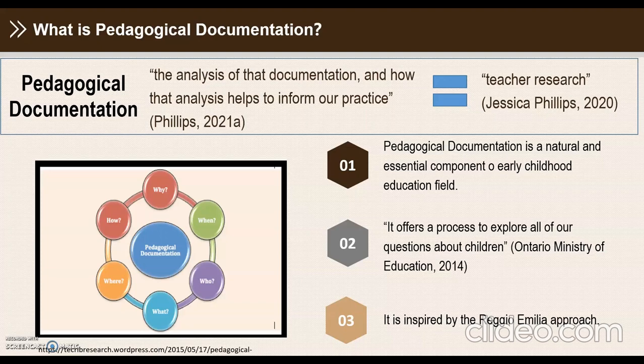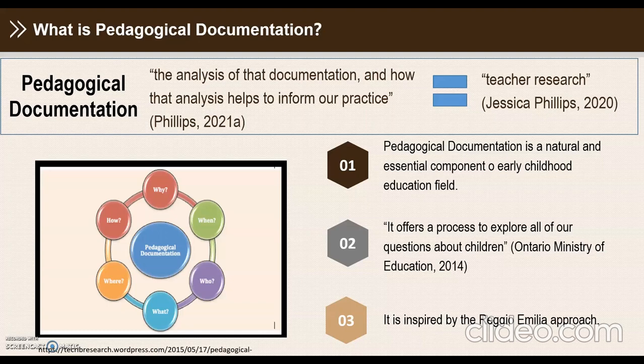So pedagogical documentation is inspired by the practice of the Reggio Emilia approach. And regarding HDLP, it explains that pedagogical documentation offers a process to explore all of our questions about children. So it is a natural part of early childhood education.